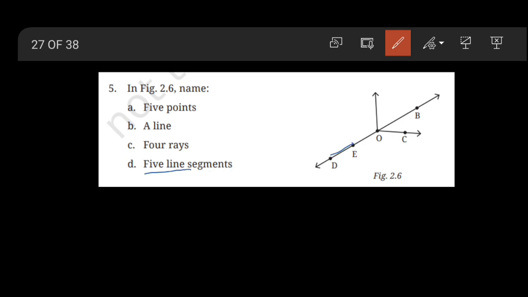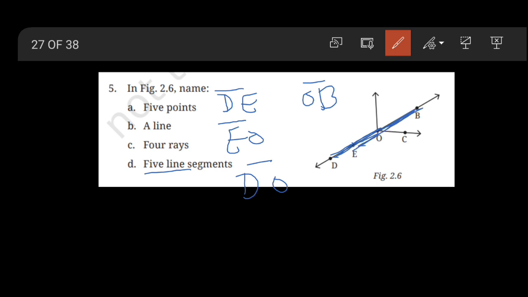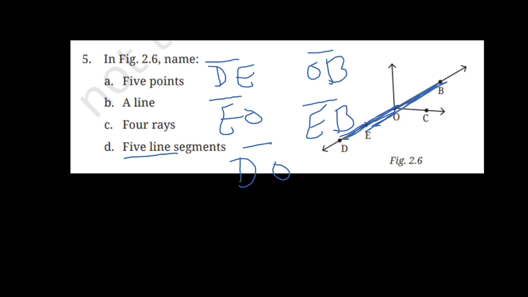First DE, then we have line segment EO, then line segment DO, then line segment OB, and we have line segment EB. These are 5 line segments.